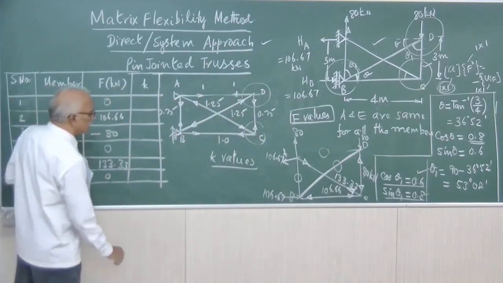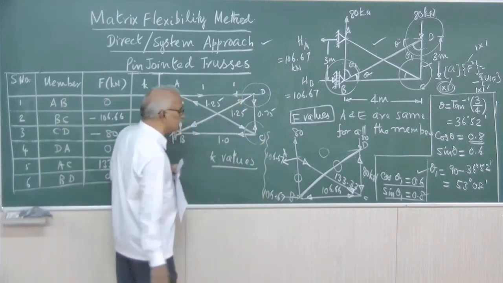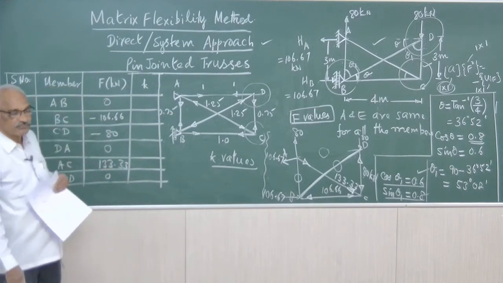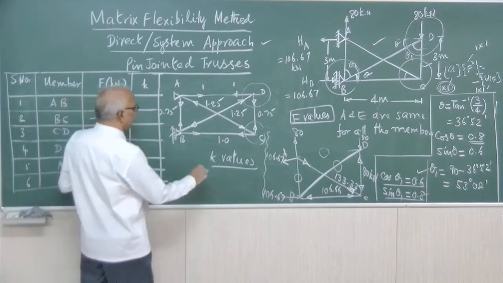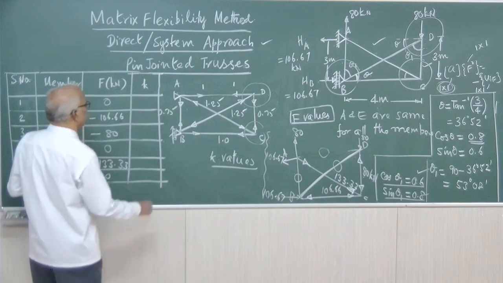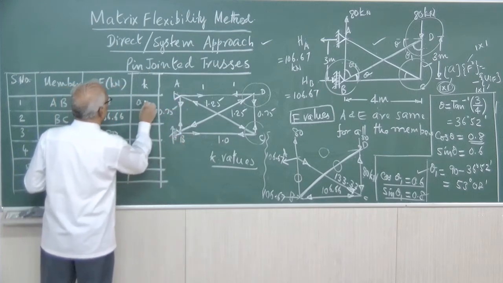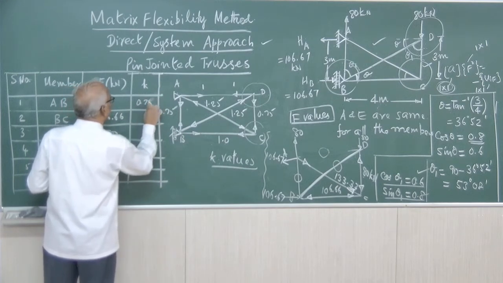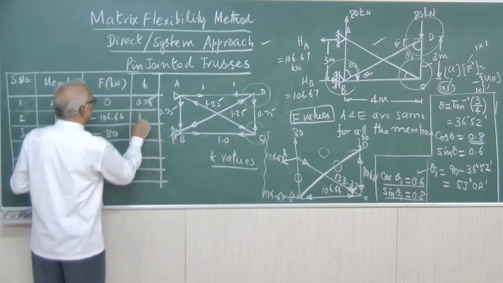Now we need not refer to any calculation. Compressive, tensile, everything you mark in the figure. That will help us a lot. Similarly for the K values, the diagram will be helpful. Coming to AB, it is tension, therefore plus 0.75. Here it is tension, therefore 1.0.